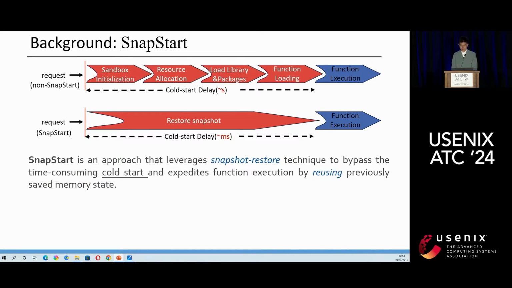Let's begin with SnapStart. SnapStart is an approach that leverages the snapshot restore technique to bypass time-consuming cold start and accelerate function execution by reusing previously saved memory state. In non-SnapStart, we go through sandbox initialization, resource allocation, library and package loading, function loading, and finally, function execution.